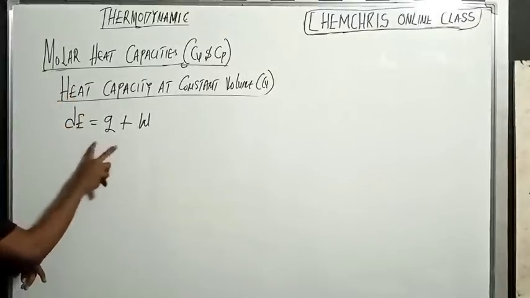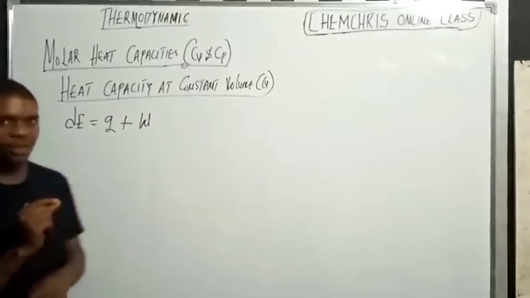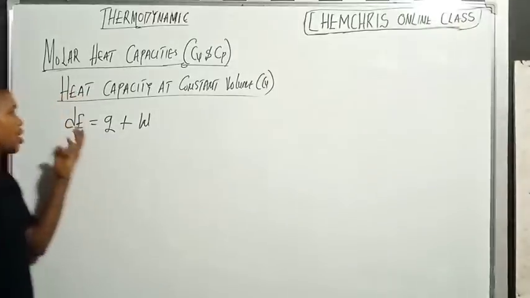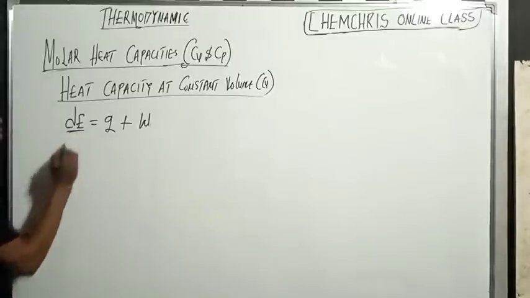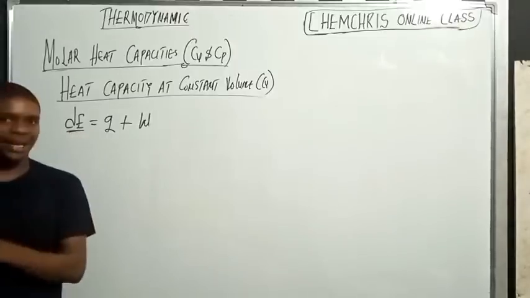This is your general formula for change in internal energy: change in E equals Q plus W.